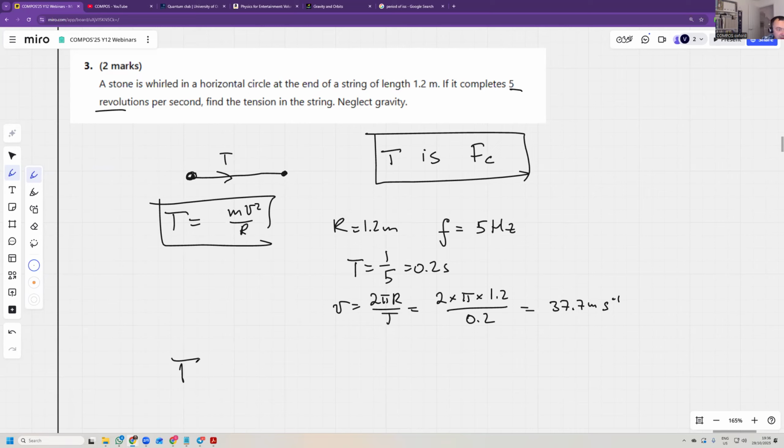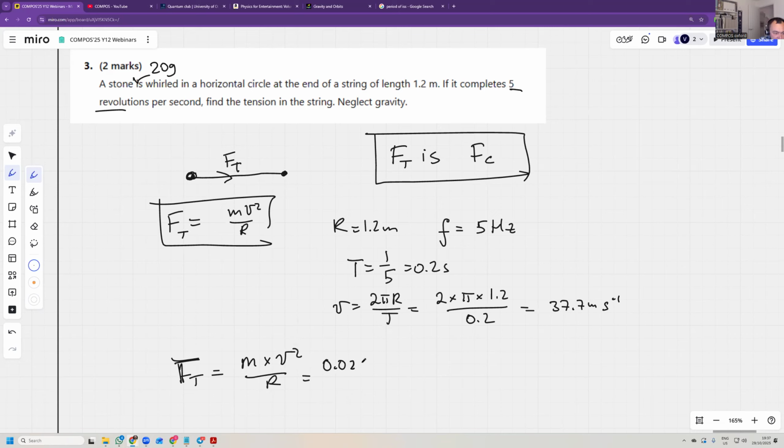And the tension. Ooh, that's very bad. I'm using T for tension and I'm using T for time period, same letter. So the force of tension is mass times velocity squared divided by r. Oh, it doesn't give the mass. Okay, so that's 20 grams.